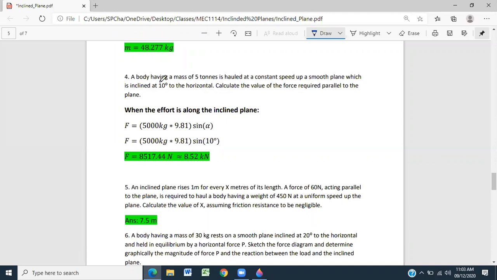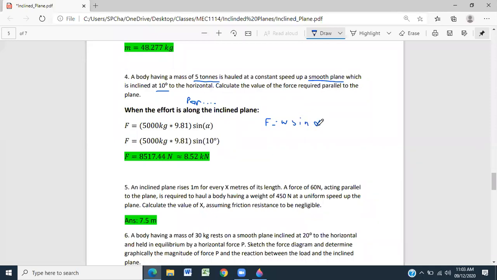A body having a mass of 5 tons is hauled at a constant speed up a smooth plane, which is inclined at 10 degrees to the horizontal. Calculate the value of the force required parallel to the plane. So when the effort is along the plane, or parallel, we use what formula? F is equal to W sine alpha.